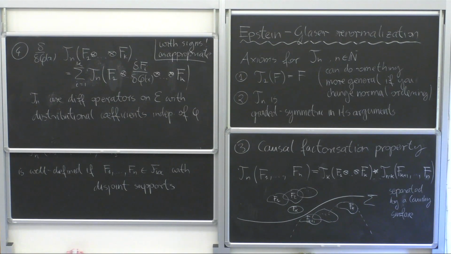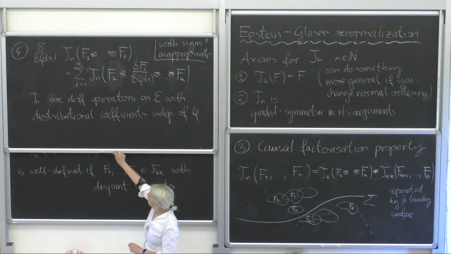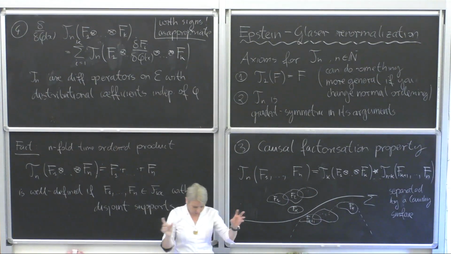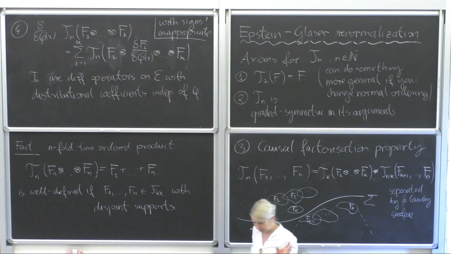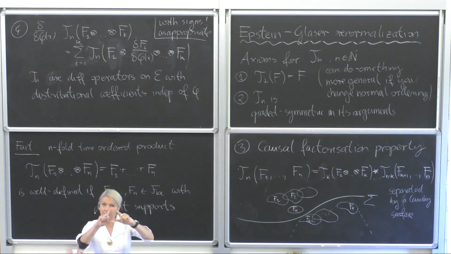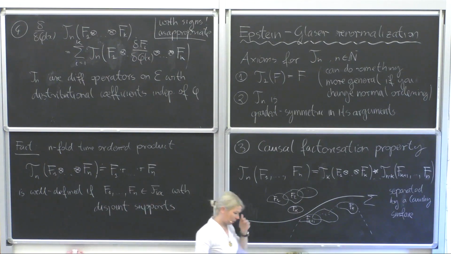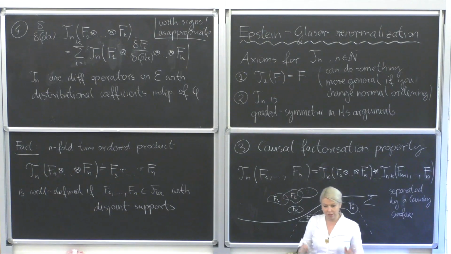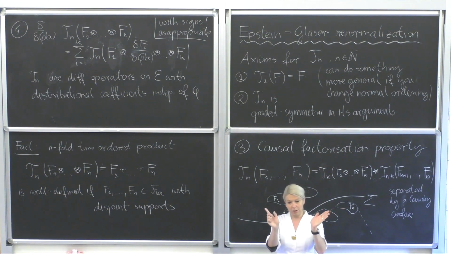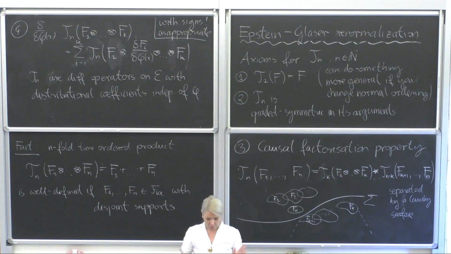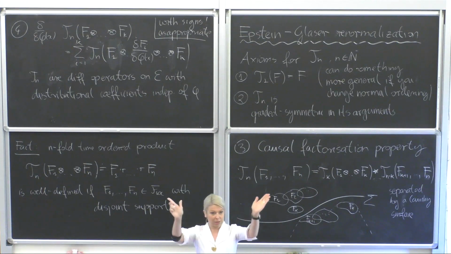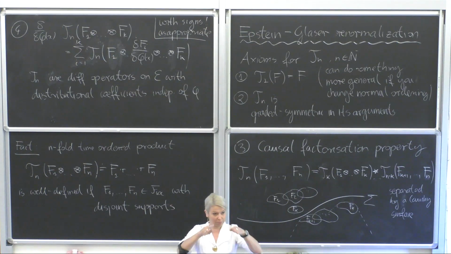That's correct, for space-like separated functionals. Let's see, we can make an experiment. I don't have this on the board anymore, but in that formula there were two pieces. One was antisymmetric and the other was symmetric. Symmetric was H. So let's think about the antisymmetric piece, which was built from retarded and advanced Green functions. The retarded Green function has support to the future, advanced to the past, right?